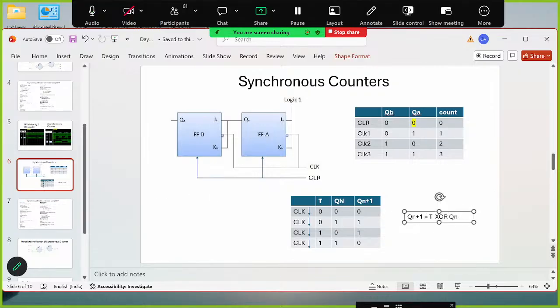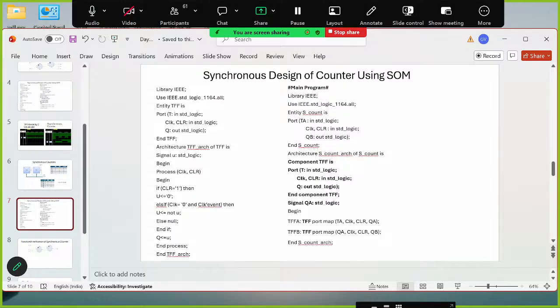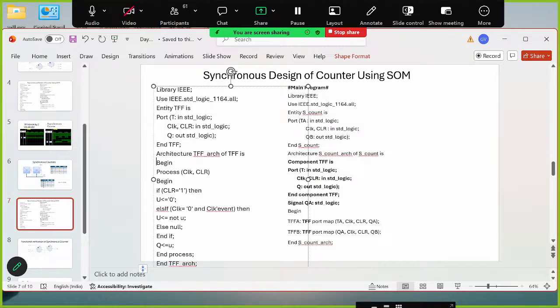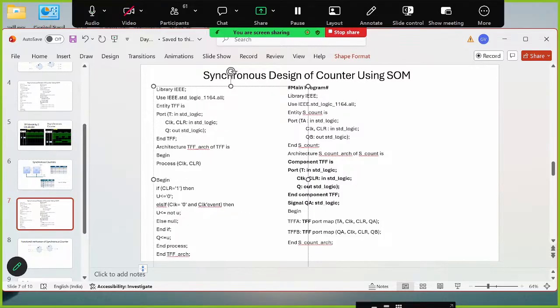You can see over here what we are doing. We are assigning T, clock, clear, Q for a single flip flop. Let me make it a variable. Yesterday we made it variable, so make it variable only.